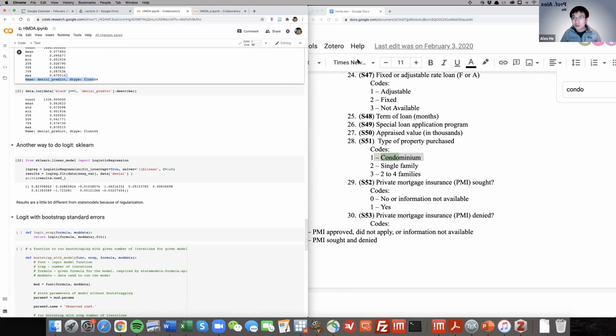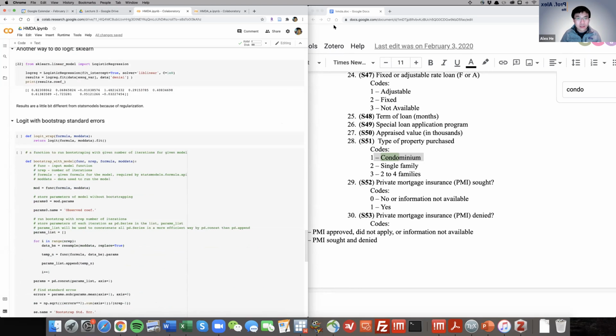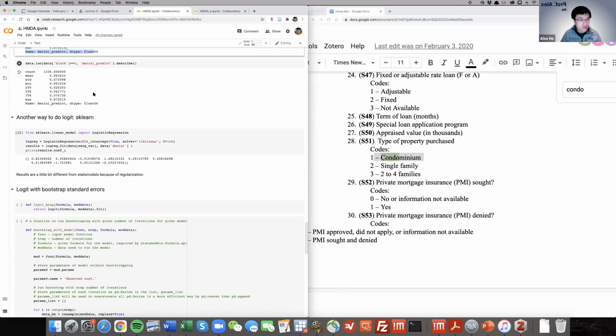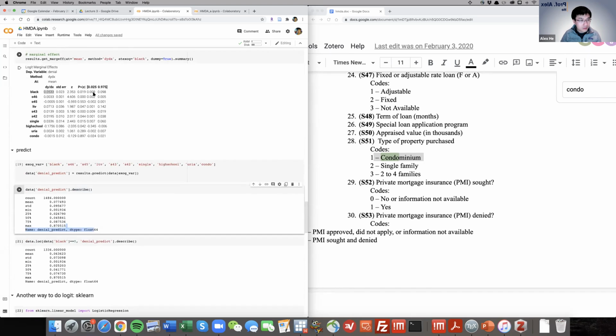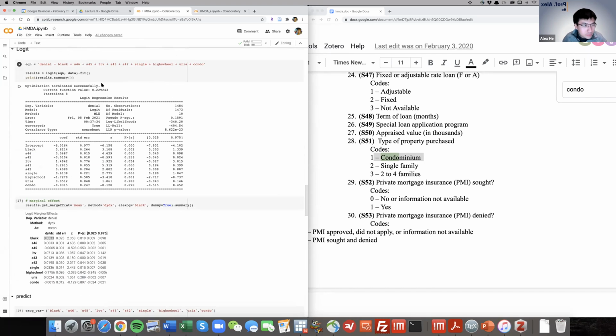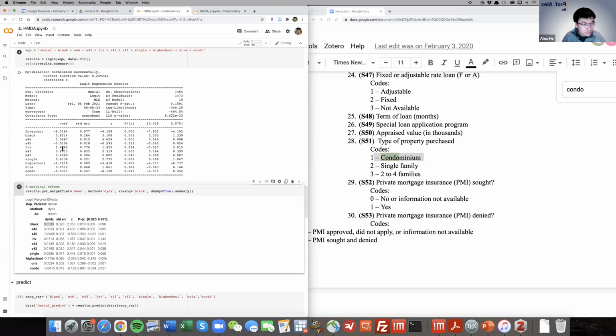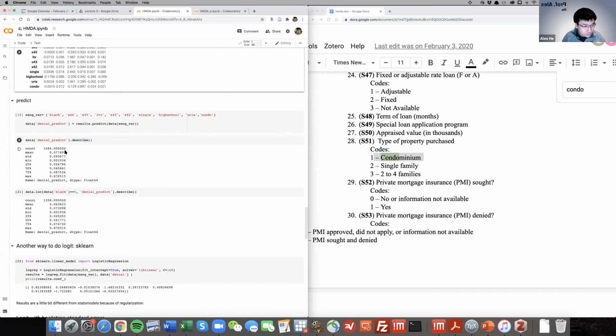Now let me take a little break from the coding, and talk about how we estimate the standard errors. Because when you estimate these models, they actually give you standard errors, but it's not very correct, actually. So the best way to do that would be to bootstrap.